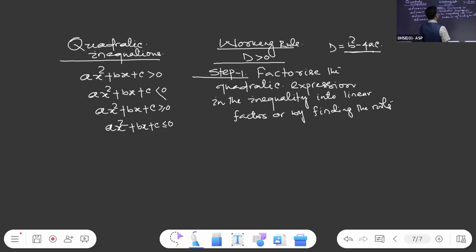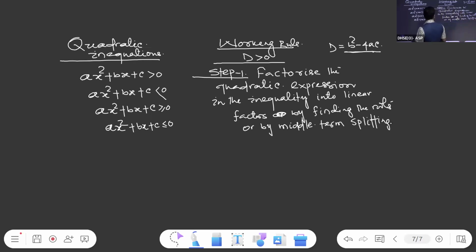To solve the inequality, first of all, we have to factorize the quadratic expression in the inequality into linear factors, either by middle term splitting or by finding the roots, whichever is suitable for you. This is your step 1.